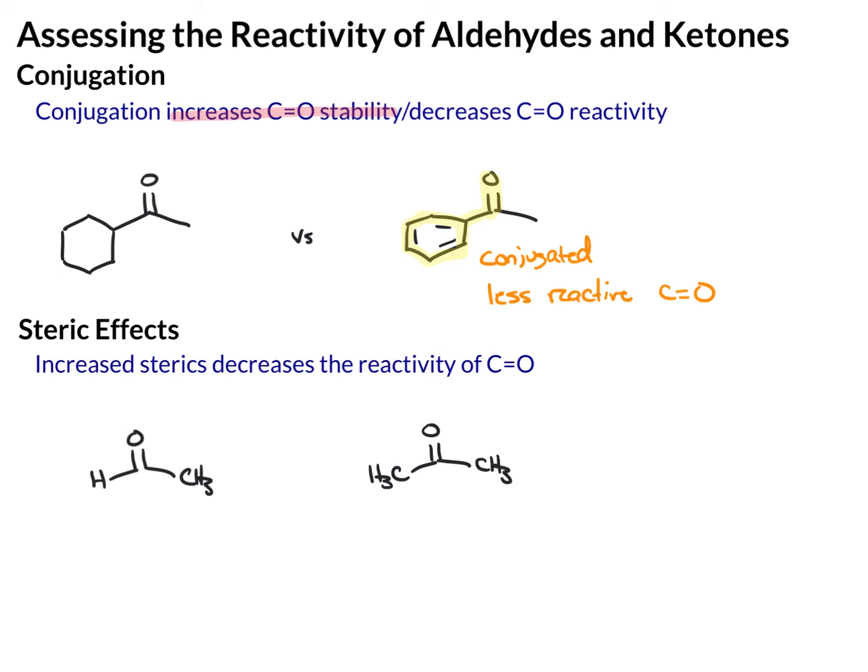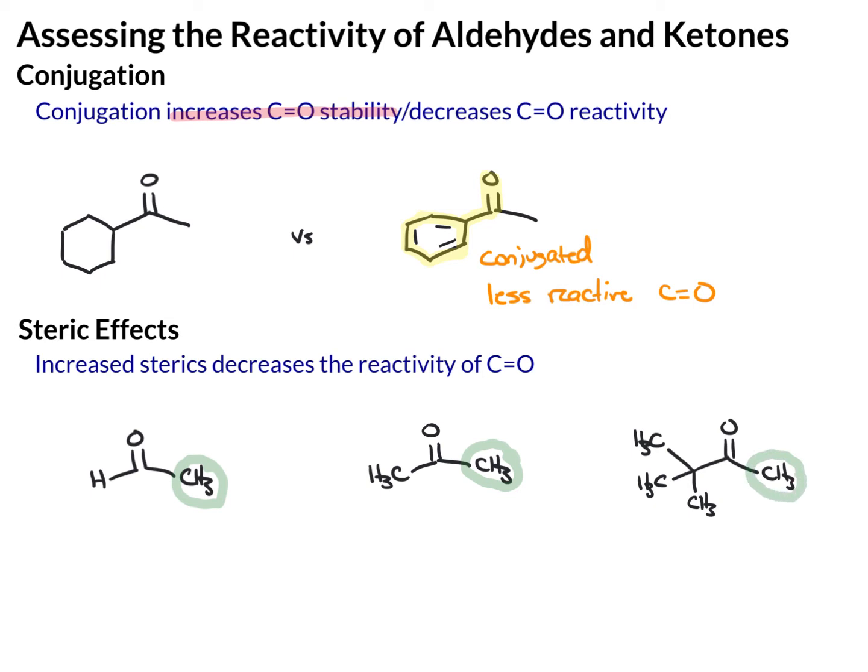And the third is a ketone with a tert-butyl group. Okay, so with all of these, we're kind of remaining consistent with the CH3. So we have the CH3 group right here, and that's consistent.